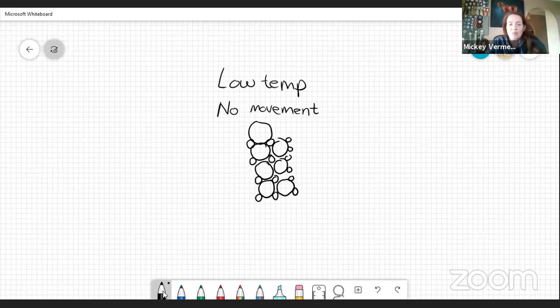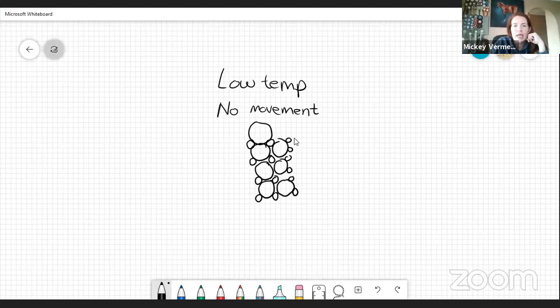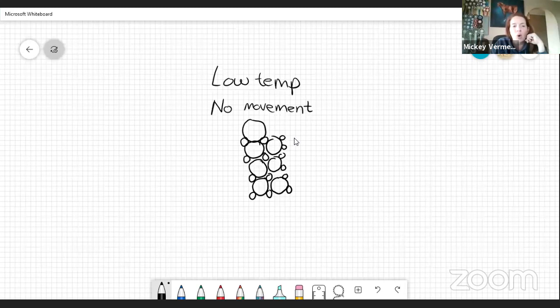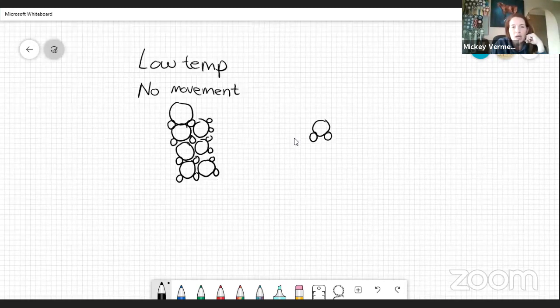So when I heat up the system, the molecule still has an oxygen and a hydrogen, but now because it's moving more, this molecule can't be stuck right on it. It needs to give it some space.